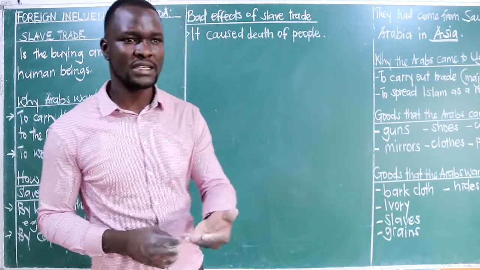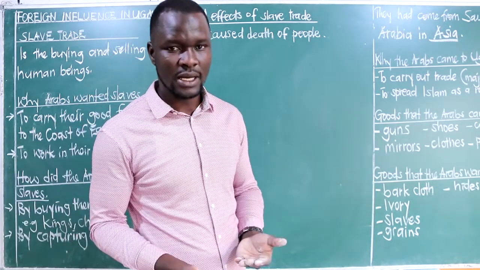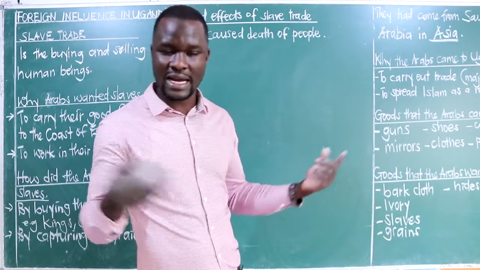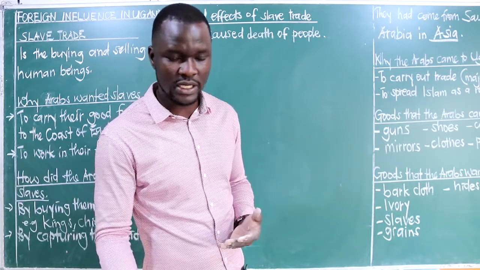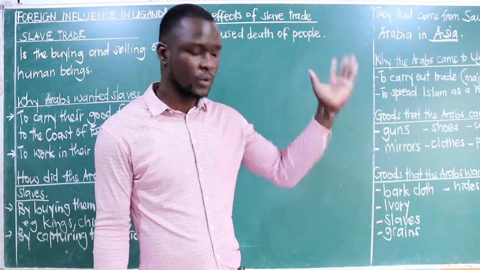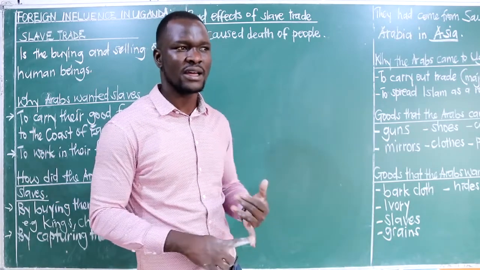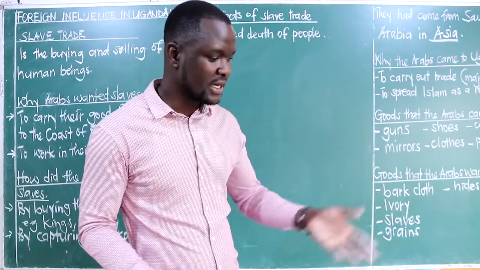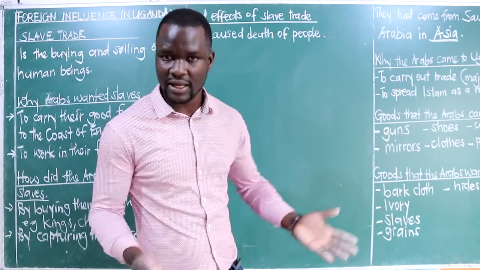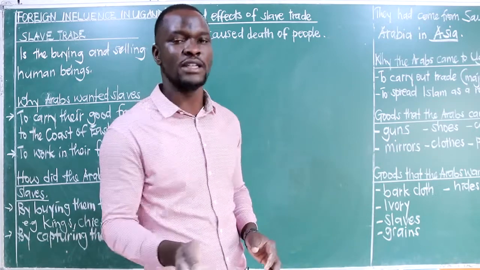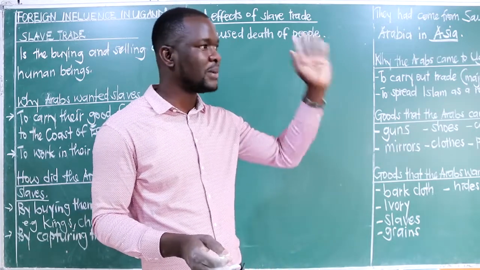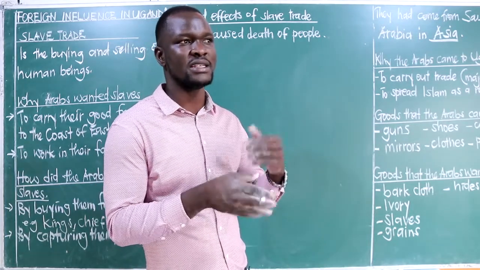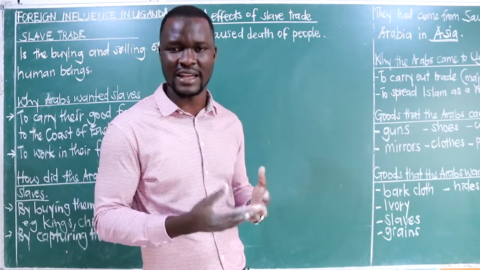And it could become worse if they bought you from the local leaders. Because they will be like, we used our guns, we bought you from your local leader, and now you are pretending that you are tired. We go. So people could suffer, and by the time they realize that you are really tired and you cannot walk, they unchain you, they leave you there. Now imagine you travel a long distance from your home, you have reached a place you don't know, maybe in the middle of a thick forest.